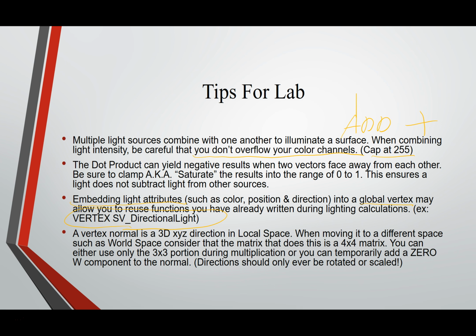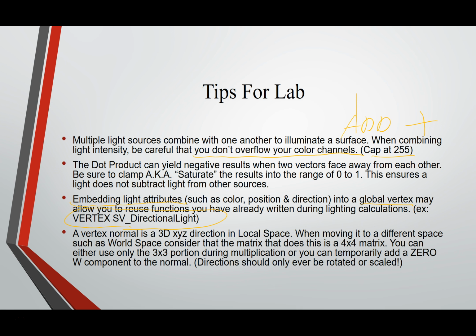That being said, if you do that, you might have to write some new code to do that. Another way you can do that potentially is you could temporarily add a W component, but it's very important that that W component for your normal not affect the normal for movement.